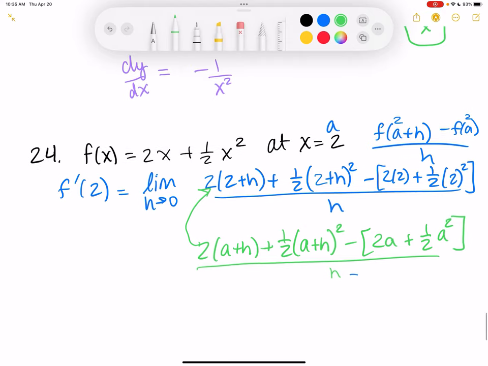Okay, so now I'm going back to this blue part. I'm going to multiply stuff through and simplify it as much as possible.